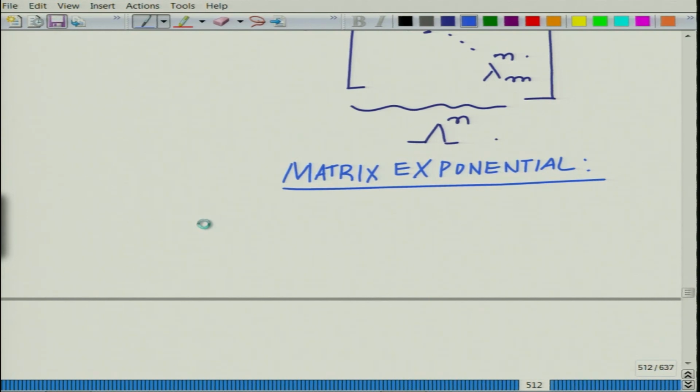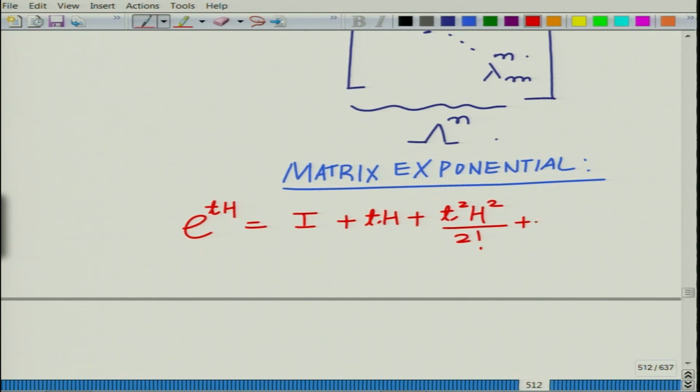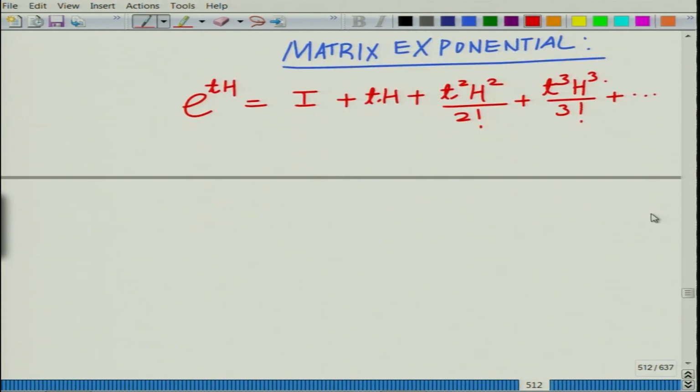Recall the matrix exponential: e raised to the power of t H is equal to I plus t H plus t square H square by 2 factorial plus t cube H cube by 3 factorial, and so on.